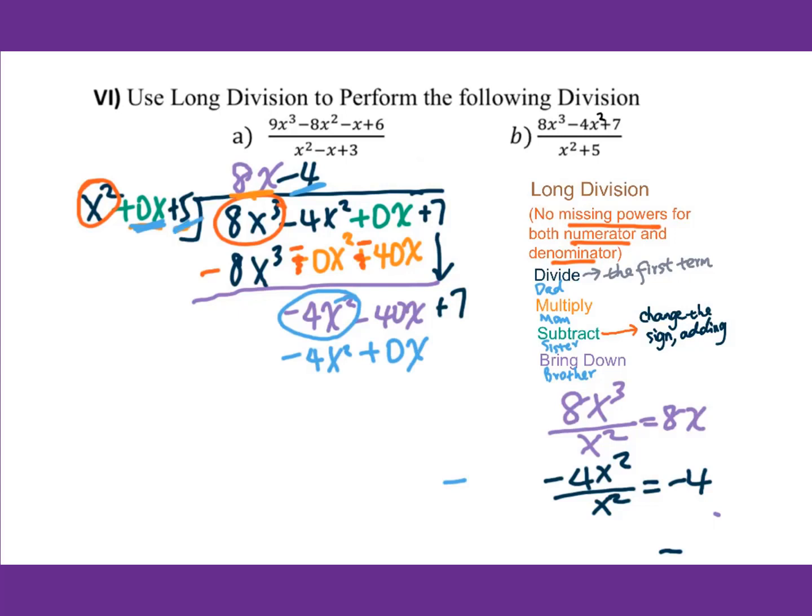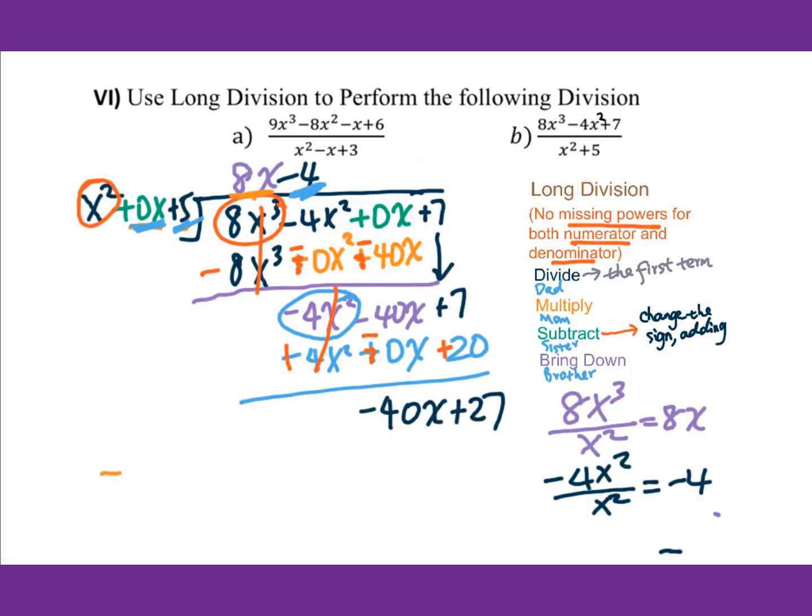Then positive 5 times negative 4, minus 20. Change the sign adding. The first term always gone. So we get negative 40x plus 27.